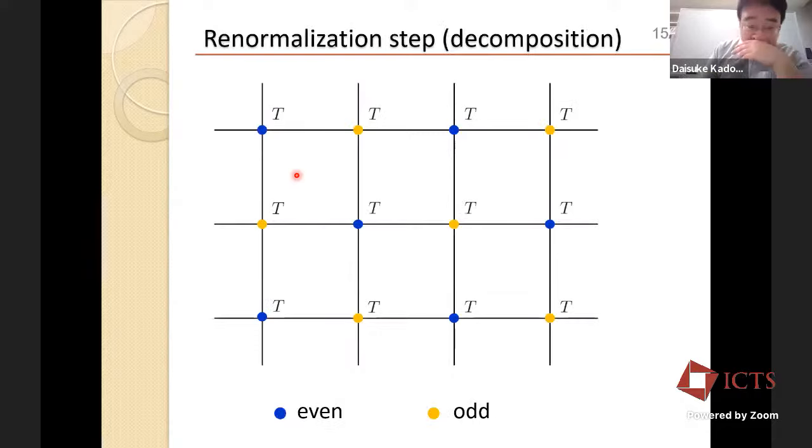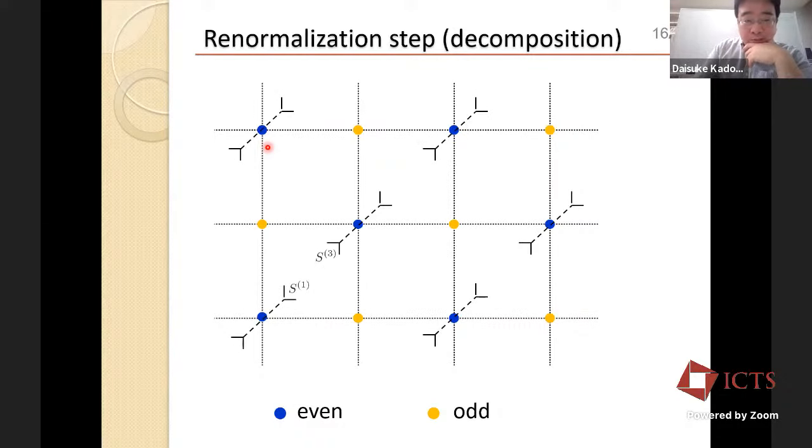So the initial tensor network is given by this, and the even side tensors are decomposed like this, and odd side tensors are decomposed like this.